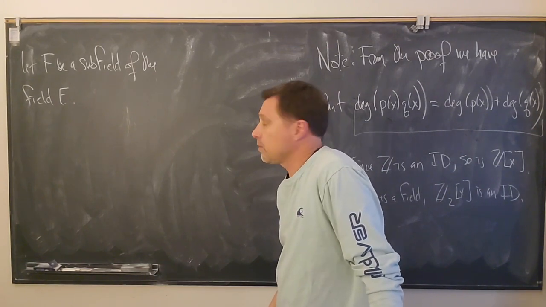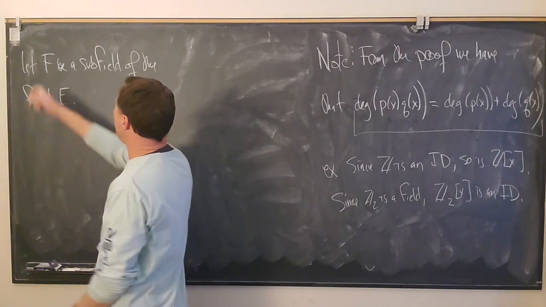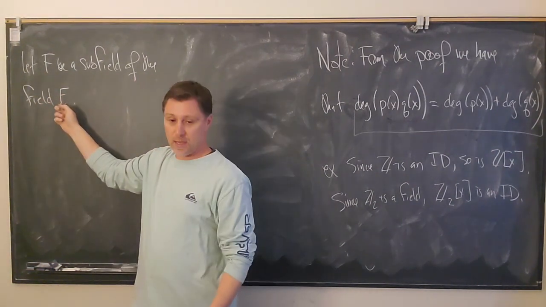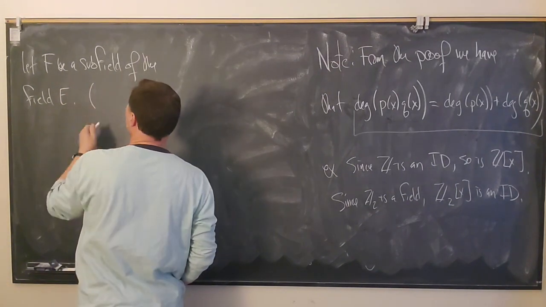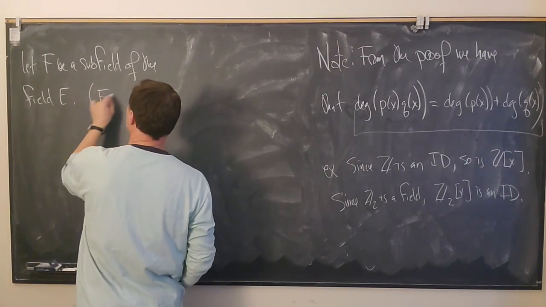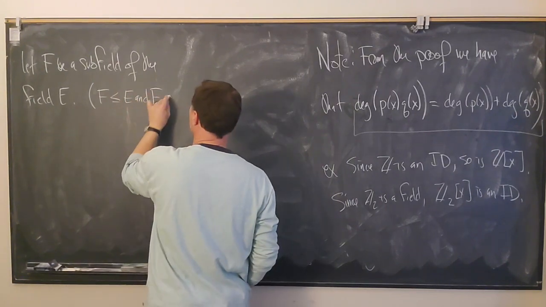Well, okay, what do you think it means? It means exactly what it should mean. It means that F is a subring of E, and F happens to be a field as well.